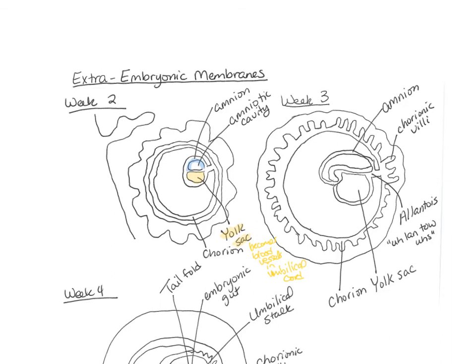The chorion are mesoderm cells that spread out around the entire blastocyst. Its role is to exchange nutrients, gases, and wastes between the embryo and the mother as the distance between the embryo and the trophoblast increases. The allantois becomes the connection between the fetal bladder and the yolk sac.